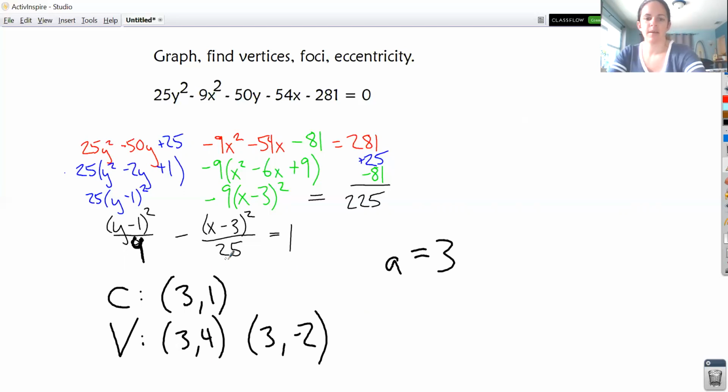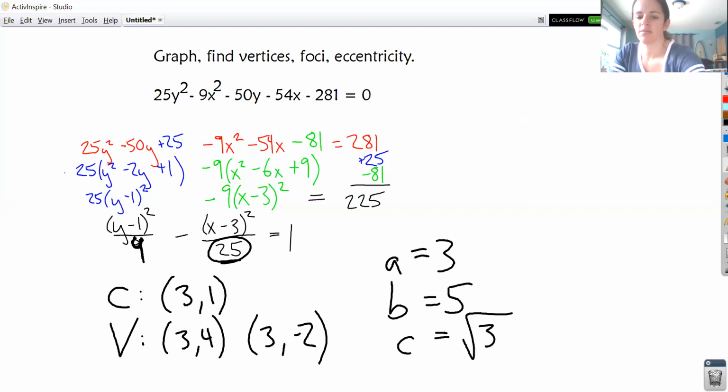The b value would be 5, which I'm pulling from the second denominator here. And so then if I do the Pythagorean theorem, I get c would equal the square root of 34, which is the 25 plus 9. And so I know that my foci have to be on the same axis as the vertices are.